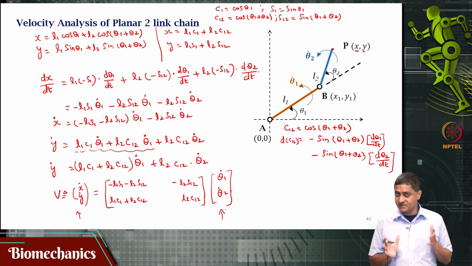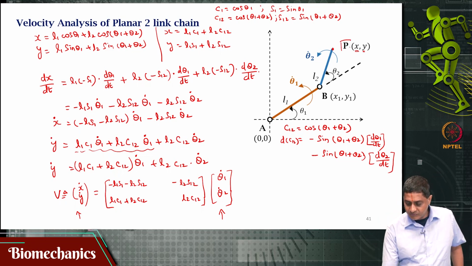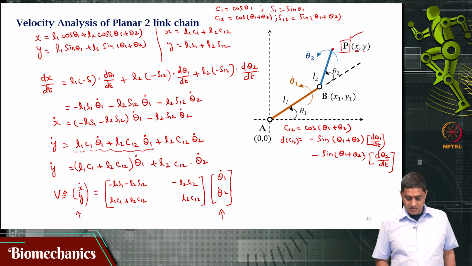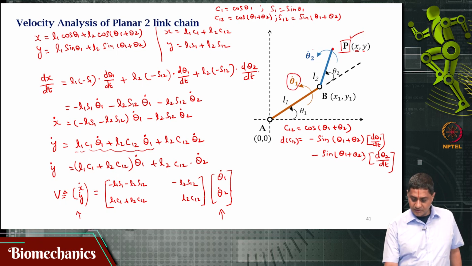Remember, these are two different things, right. One is the linear velocity of that point P, whereas theta 1 dot, theta 2 dot are these two quantities.